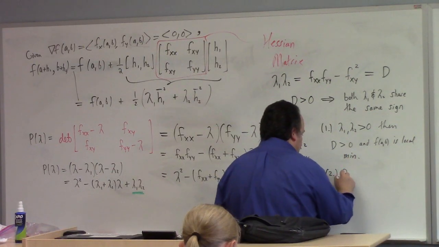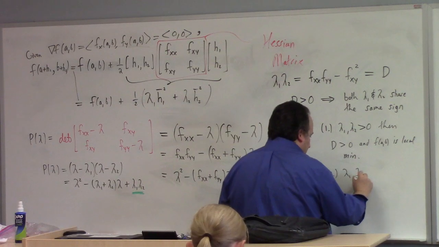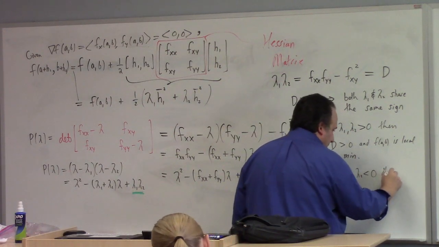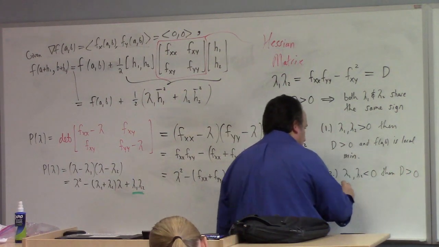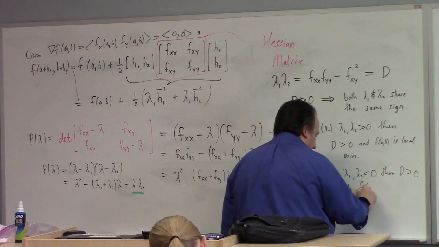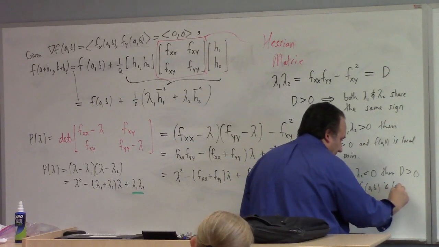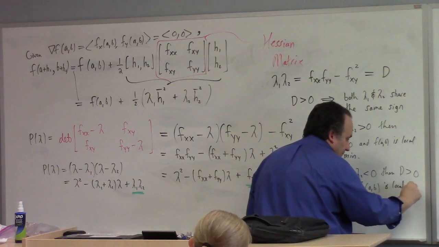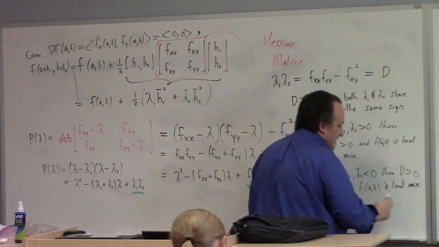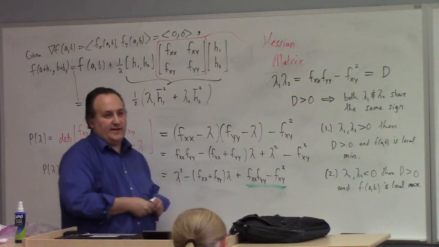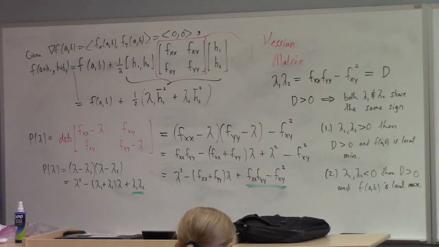And number 2, if we have lambda 1 and lambda 2 both negative, then again we're talking about the D positive case, and f of AB is a local maximum, because we would be subtracting from the value of the function at AB if we go away from AB. So that makes it a local maximum.